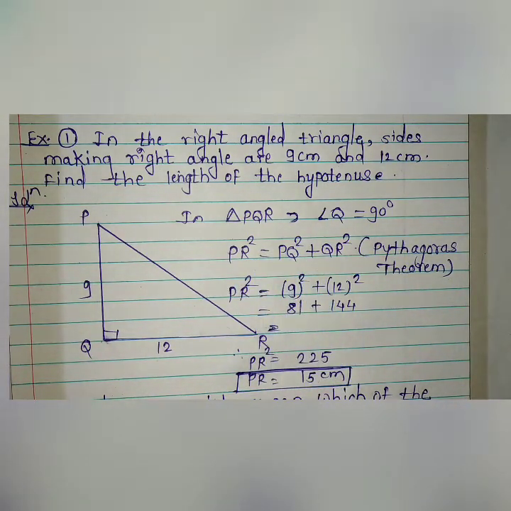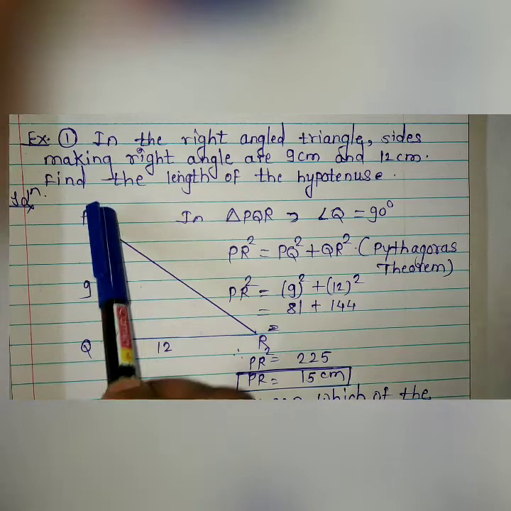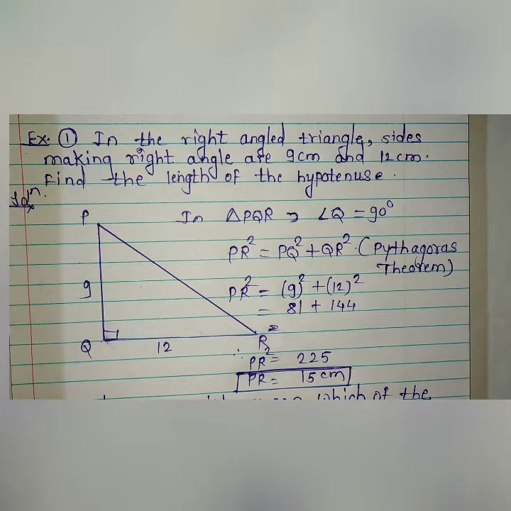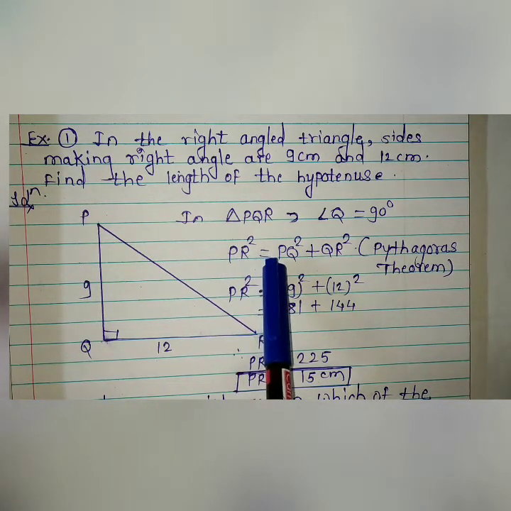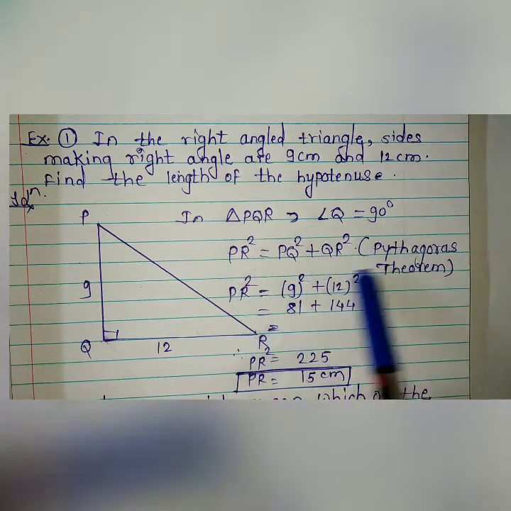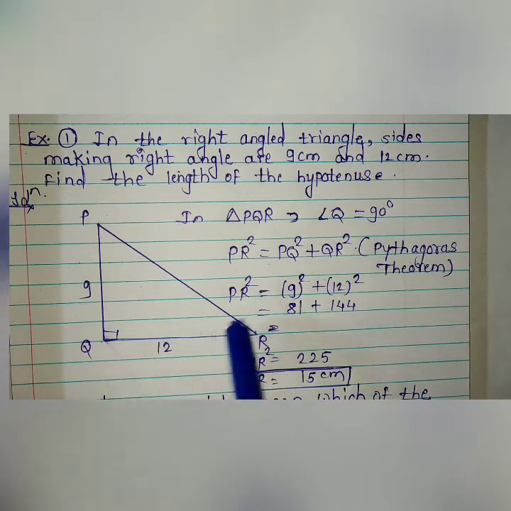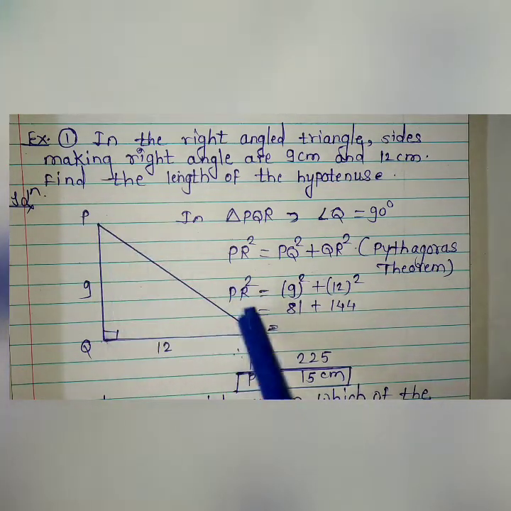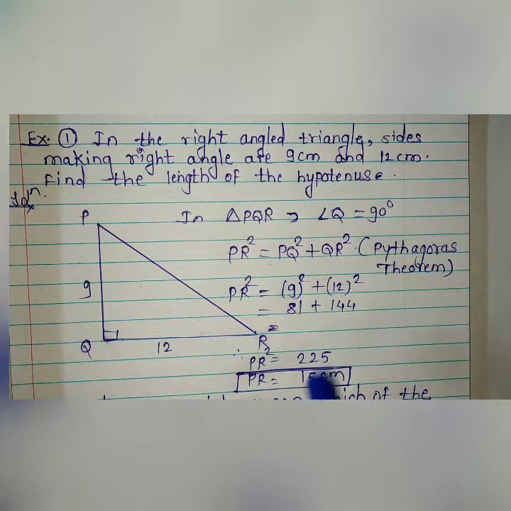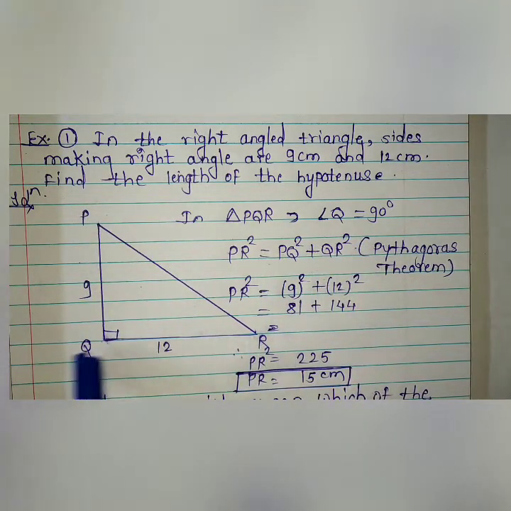Applying Pythagoras theorem. What is the Pythagoras theorem? The square of the hypotenuse is equal to the sum of the squares of the other two sides. Therefore, PR square is equal to PQ square plus QR square. The reason is Pythagoras theorem. By substituting the values, we find the length of the hypotenuse. The value of PQ is 9 and the value of QR is 12.